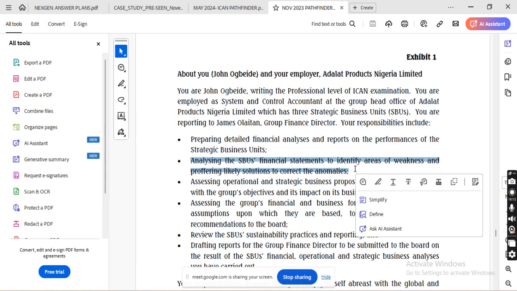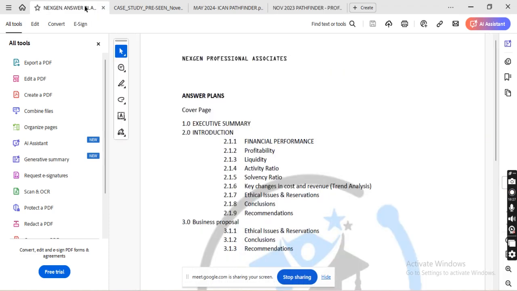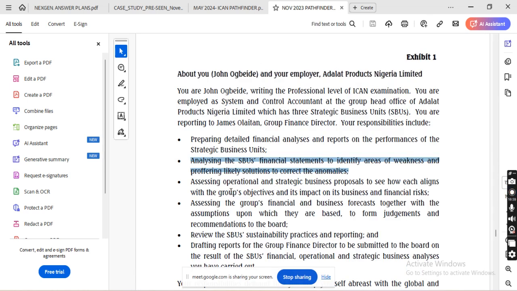The second one says analyze the SBU financial statements to identify areas of weakness and provide likely solutions to correct anomalies. So when you analyze, you suggest some areas. That means recommendations. We will get there, we have a style of reporting. You do your conclusion and your recommendation.